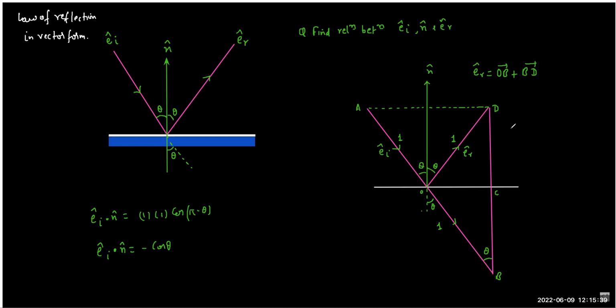Is this clear? Yes. So from the triangle we can write ER equals OB plus BD. You can see clearly, in the triangle, OB plus BD equals OD. Are you guys realizing this part? The triangle. Yes, sir.